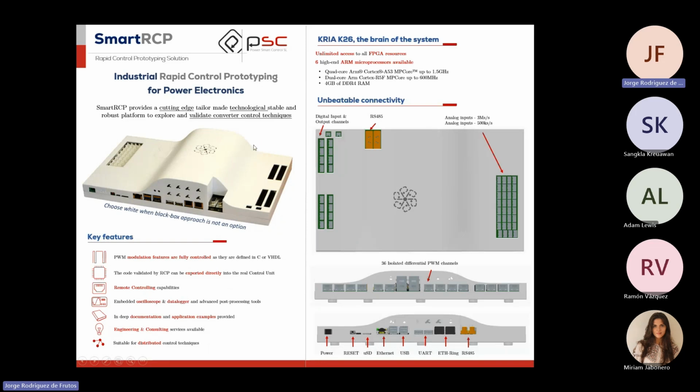And on the back side, which is this view here, we have a lot of Ethernet connectors, which are intended to send the PWM signals. So the gating signals are sent through these connectors. The brain of the system is a system on chip from Xilinx.